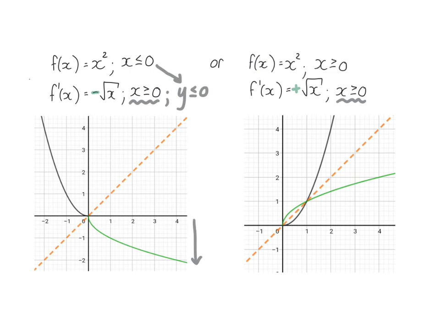For my second option, my range will now be all the y values bigger or equal to 0, because in my graph you can see that I've only drawn the y values that are positive. And once again, if I look at the inverse, which says x and y swap around, y will have to be bigger or equal to 0.